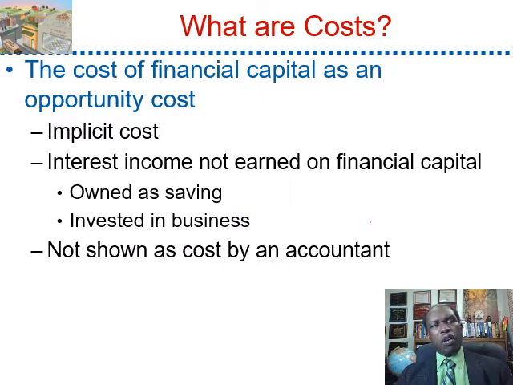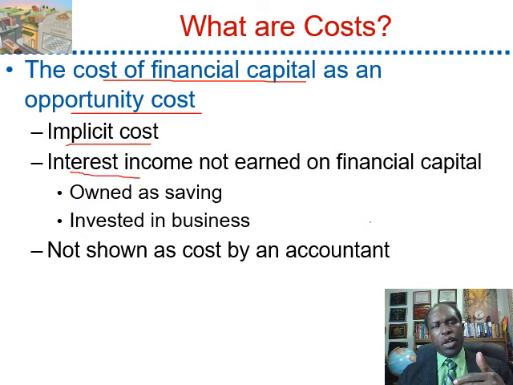One example of implicit cost is the cost of financial capital as an opportunity cost. For instance, the money the owner brings in as capital, the owner could put that money in the bank and earn interest on that money, but they are giving up the interest on that financial capital.